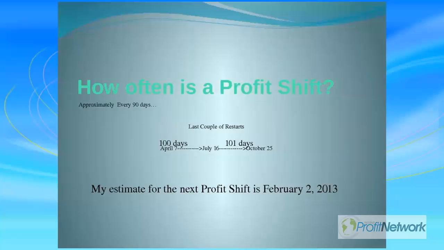Even though I have a profit shift, if I'm making $200 before the profit shift, I want to make sure I'm making the same amount after it. I want to be in control of how much money I'm making. I don't want profit clicking to be in control. Ultimately they are in control, but you can do things to make sure that you stay in control of your account.